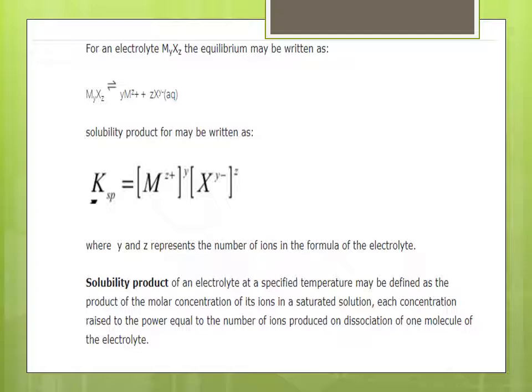Solubility product of an electrolyte at a specified temperature may be defined as the product of molar concentration of its ions in a saturated solution, each concentration raised to the power equal to the number of ions produced on dissociation of one molecule of electrolyte.